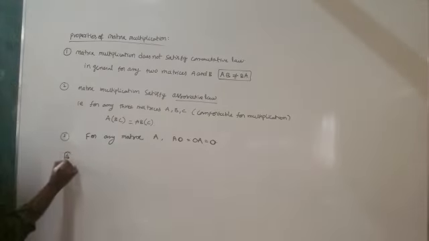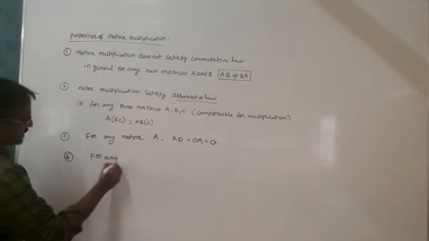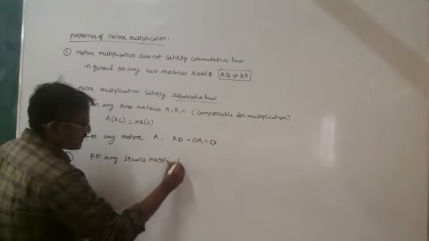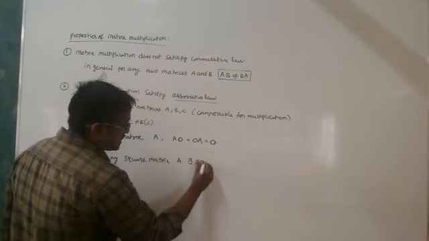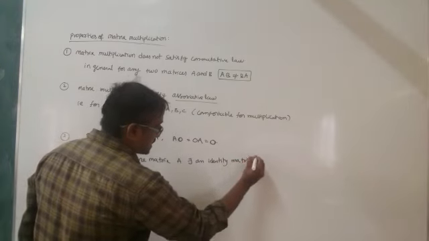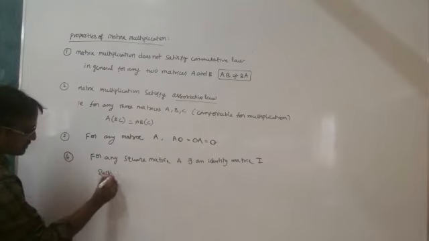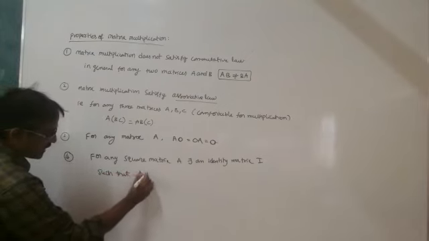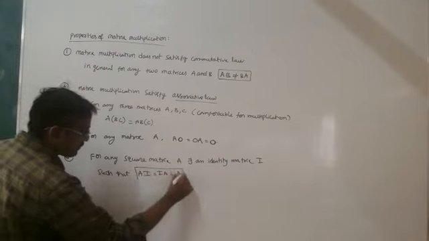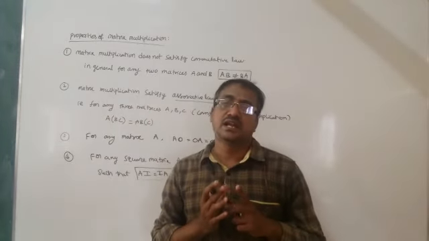Another important point, for any square matrix capital A, there exists an identity matrix I such that AI is equal to IA is equal to A. So for any square matrix capital A, there exists an identity matrix.